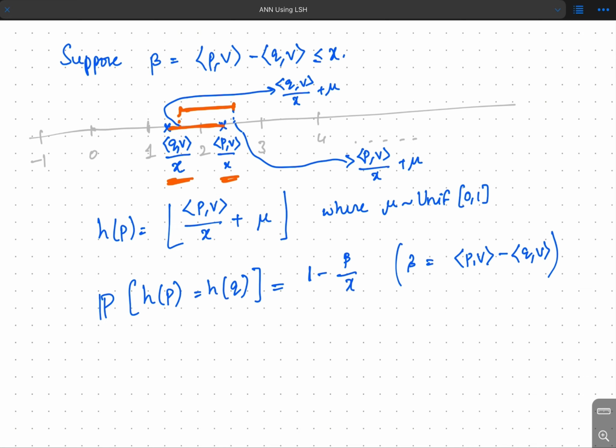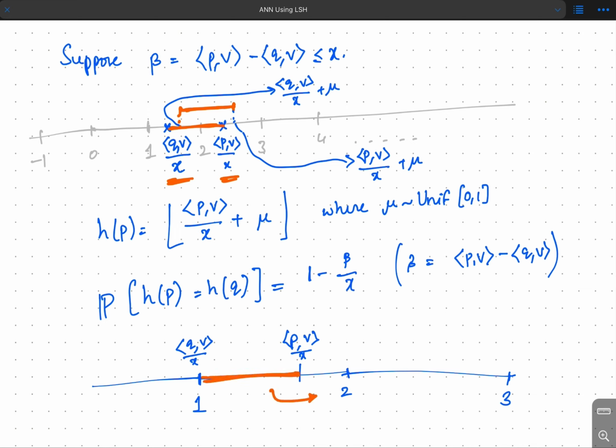So for now, let's say q comma v by x exactly coincides with 1. We know that p comma v by x lies somewhere over here. Then this orange needle will be shifted because of mu, by some random value between 0 and 1 in the rightward direction. Let's say it shifts here, then the ceiling values of these two are not going to be the same.